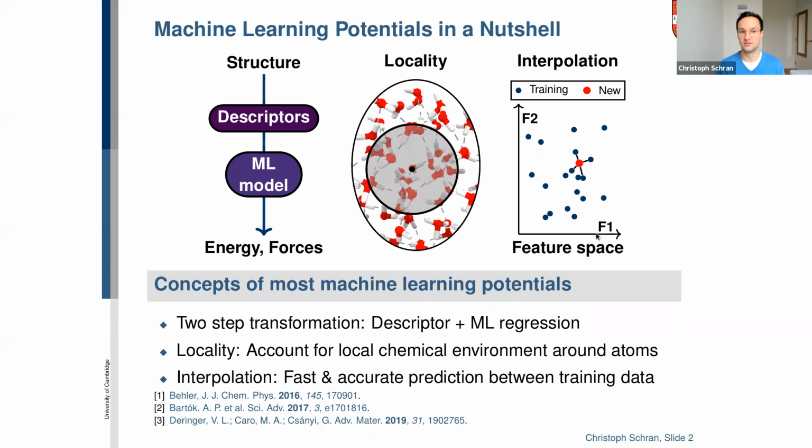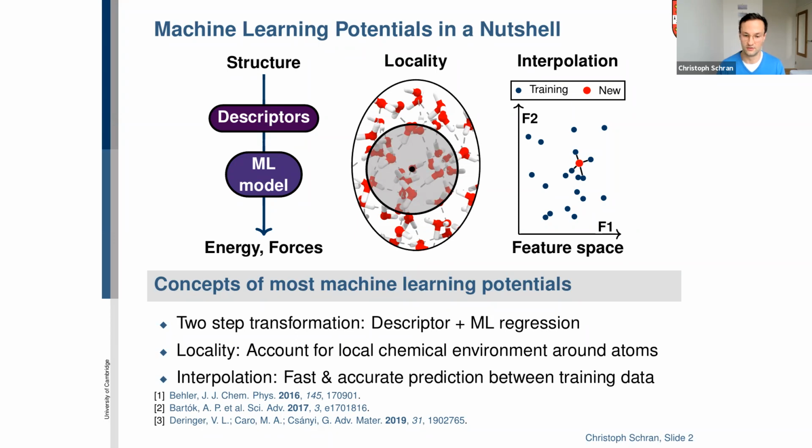The job of the machine learning potential is then to interpolate between nearest points in order to give you a meaningful prediction of the current point in question, which is shown in red here. As you already see, the really difficult part is coming up with meaningful and representative training data.